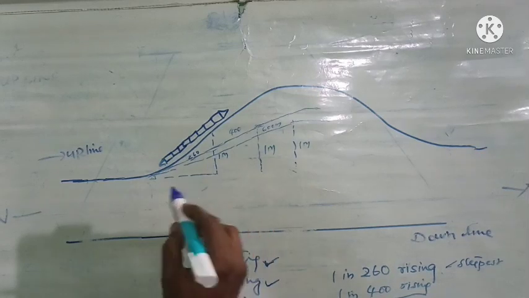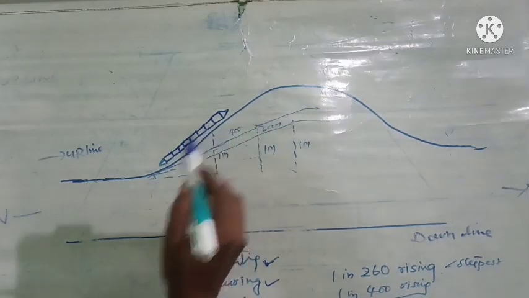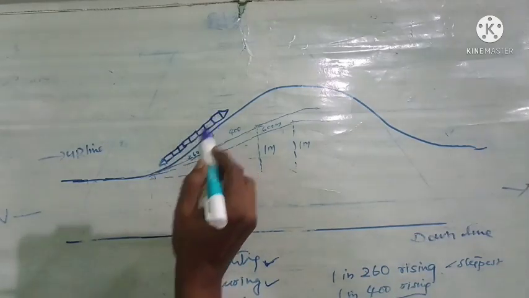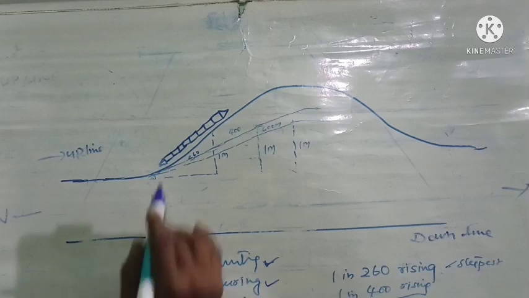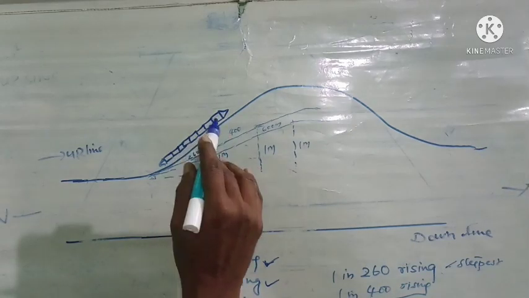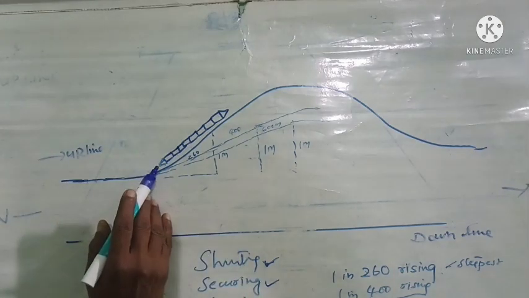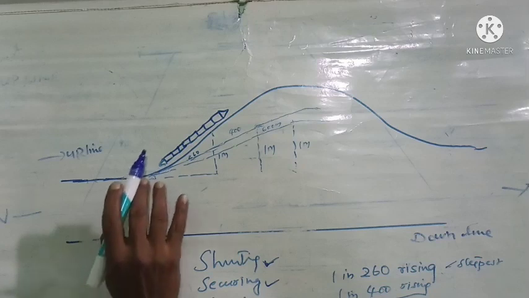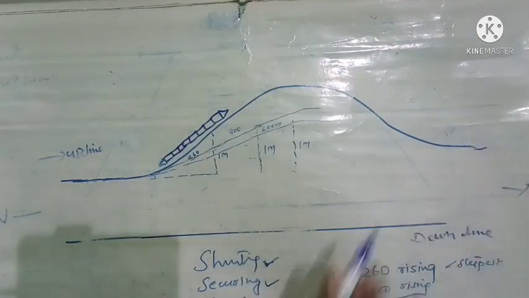Then loading. Suppose this is a sharp gradient. Here it is a 1 in 260 gradient and a goods train is hauling heavy tonnage. In that case, this engine may not be in a position to hold this much tonnage. In that case, one engine is also to be attached at the rear side and it will push the load, and so this train will move.